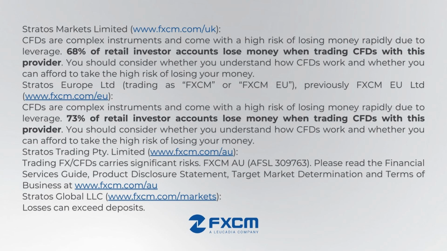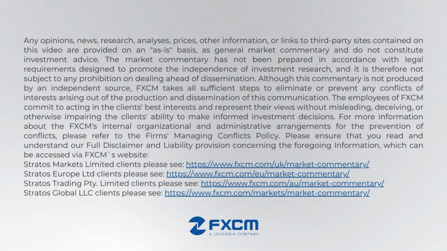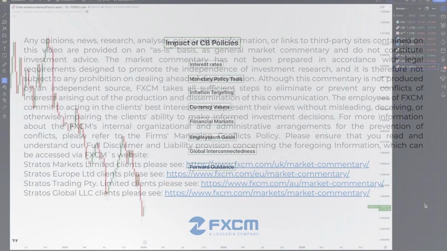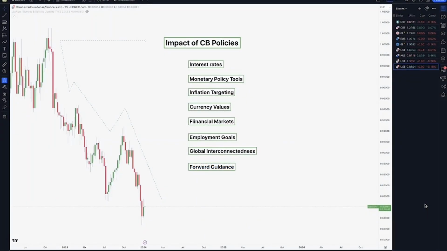I'm a trader and a market analyst, and today's video is about a very important subject for us as traders and investors. We're going to be talking about the impact of central bank policies and how they practically move the entire market. So let's start with the interest rates. Central banks like the Federal Reserve in the United States use interest rates to control borrowing costs.